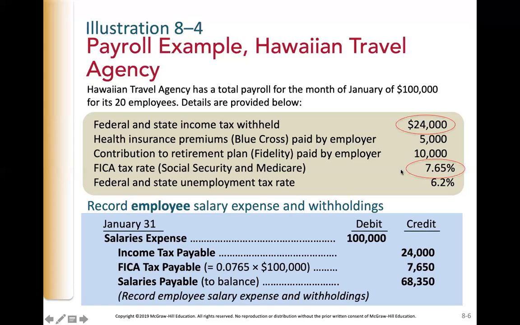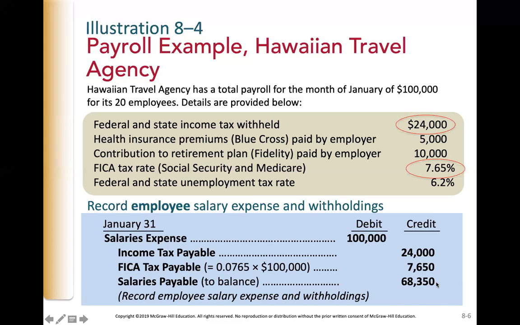The FICA tax is a FICA tax payable. We need to hold that in a separate account. And it is 7.65% of the total $100,000. So $7,650. Those are the only two items that are paid by the employee, because health insurance and retirement is paid by the employer. So the difference between the gross and the withholdings goes to salaries payable.